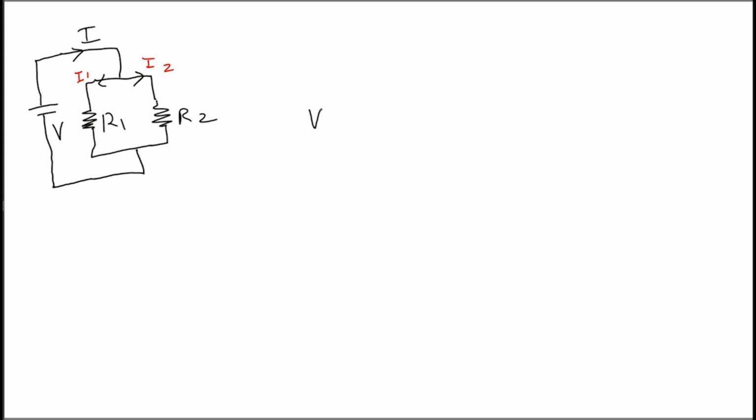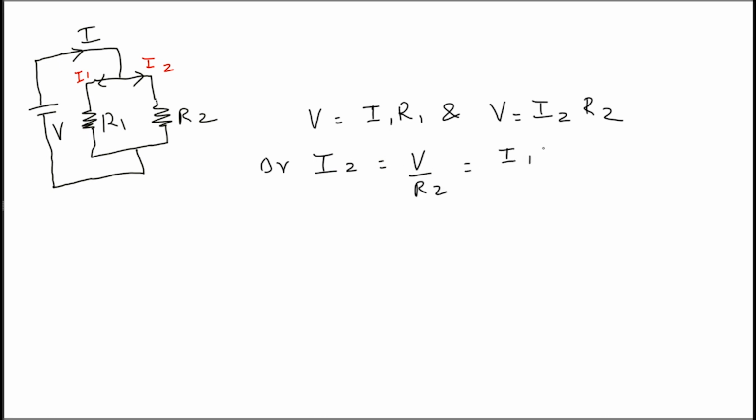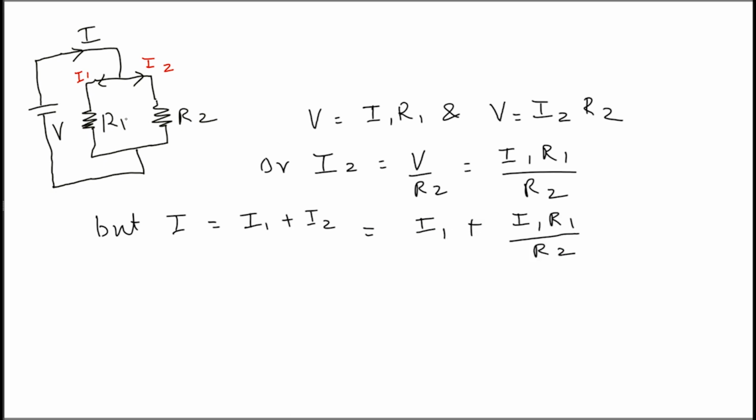Therefore, V is equal to I1 into R1 and V is equal to I2 into R2, or I2 is equal to V by R2, that is equal to I1 into R1 divided by R2. But total current I is equal to I1 plus I2, that is I1 plus I1 R1 divided by R2.